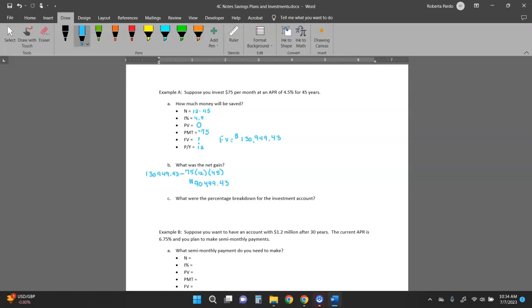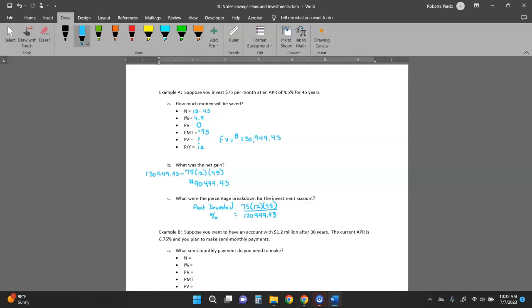What was the percent breakdown for the investment? So in other words, how much was invested, and how much was towards our interest and how much was towards the amount that we invested. So amount invested percentage is going to be 75 times 12 times 45 over the total amount, 130,949 and 43 cents.